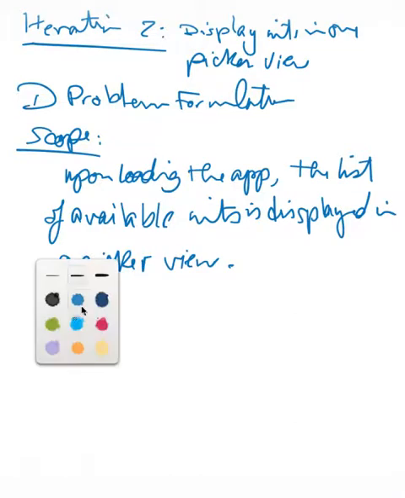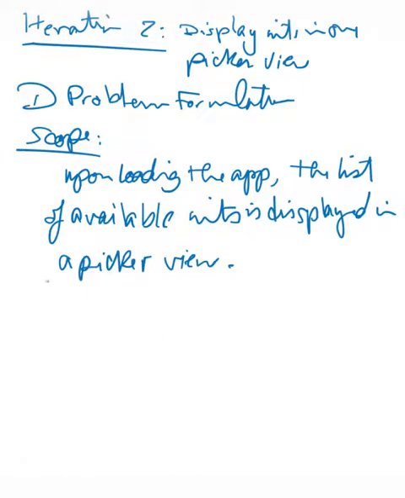I want to introduce you to something new that we haven't dealt with before with respect to this problem formulation, and that is testing. Once you define the scope of the app, immediately ask yourself, how would I know if my solution accomplished this scope?